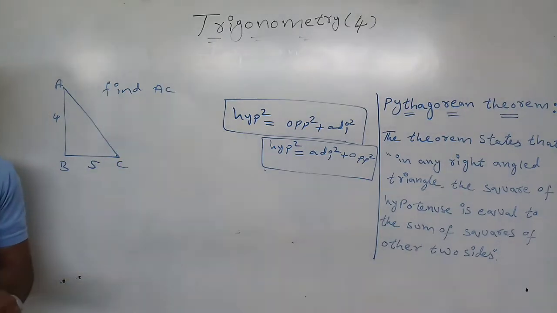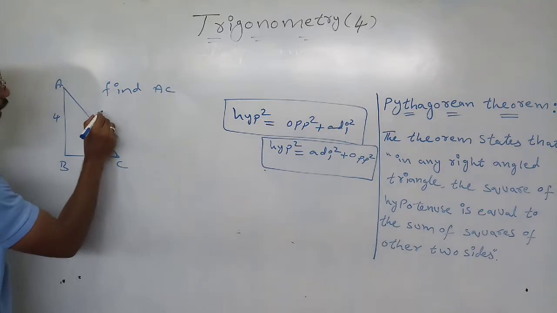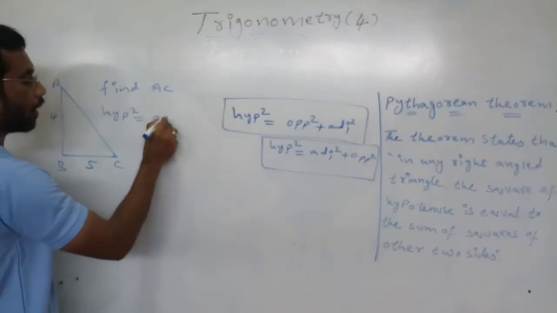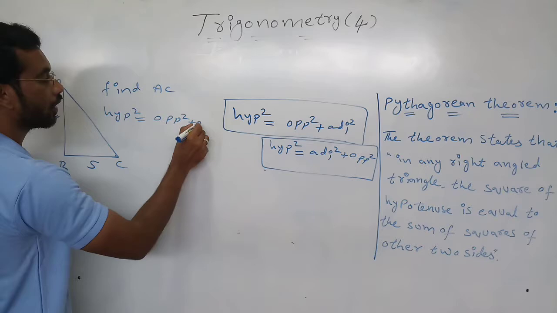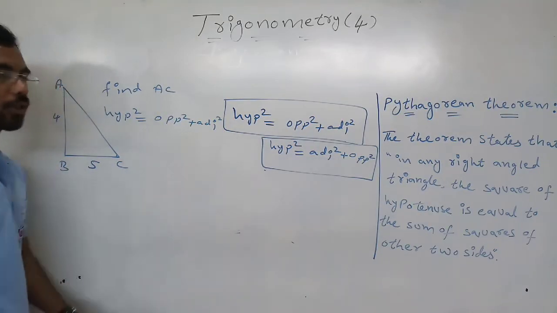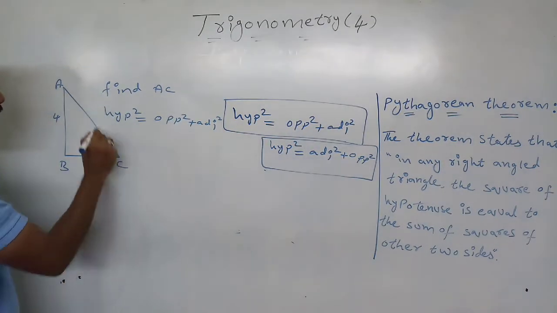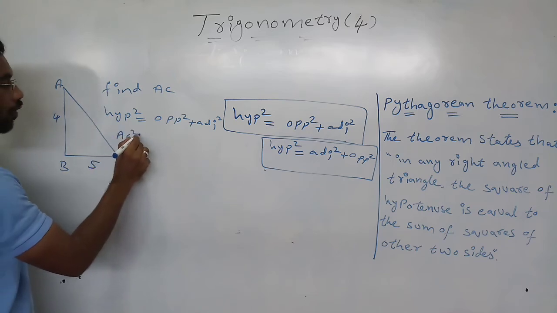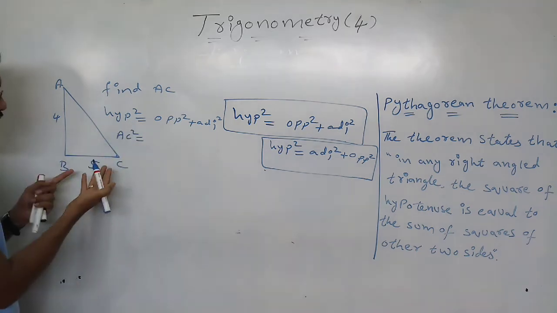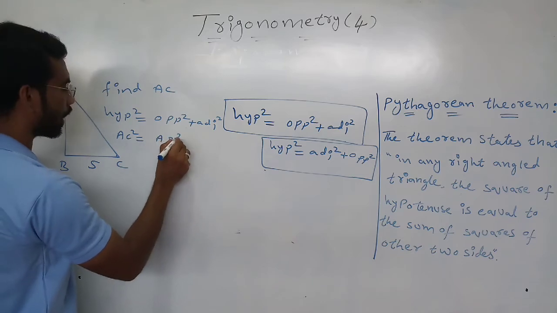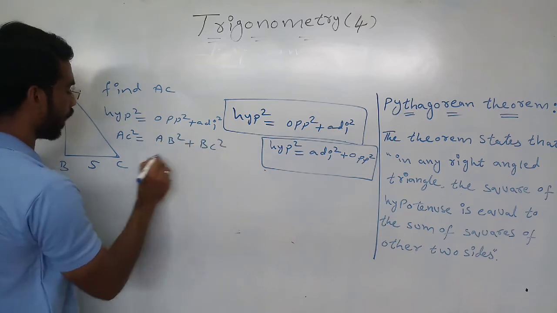How to find AC? See here, hypotenuse square is equal to opposite square plus adjacent square. Now what is the hypotenuse in this one? AC square is equal to opposite, you take this one or this one, no problem. So I am taking AB square plus BC square.